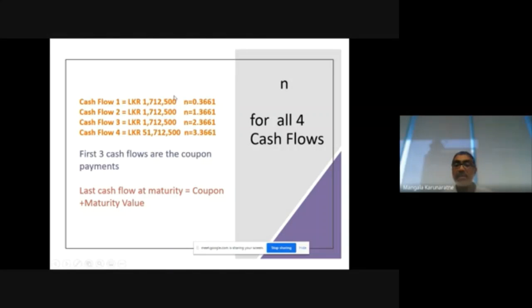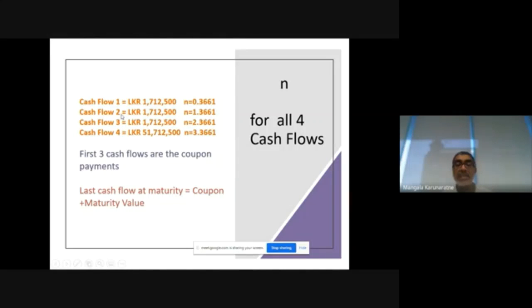Why? This is the coupon payment which will happen on 15/10/2010, the first cash flow after the settlement date, and n equals 0.3661, right?